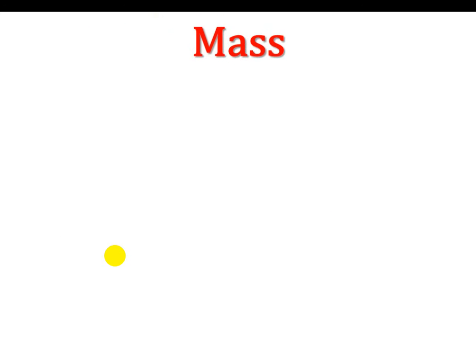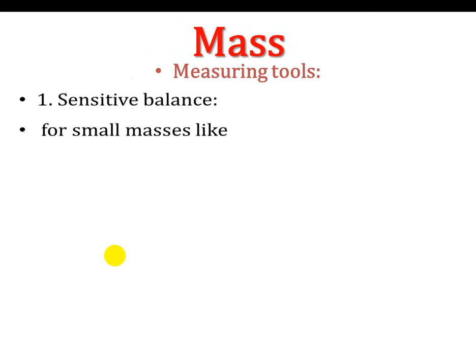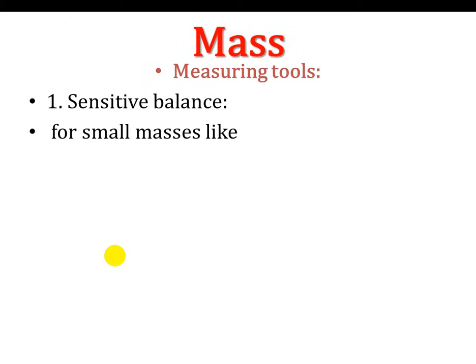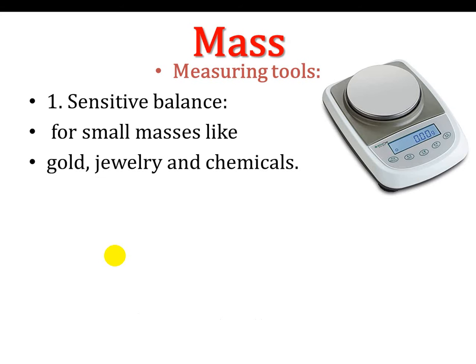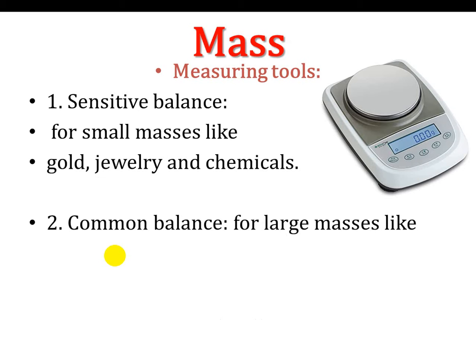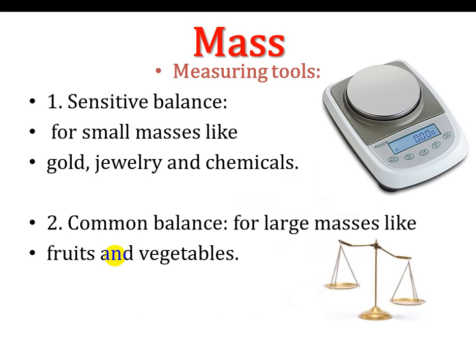The other part, a mass, has measuring tools and measuring units. The first one, the measuring tools. The first one is like the sensitive balance, and that's its shape. And the sensitive balance is used for small masses like gold, jewelries, and chemicals. And the other one is called the common balance, and it's used for the large masses like fruits and vegetables.